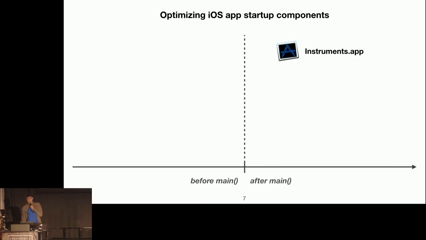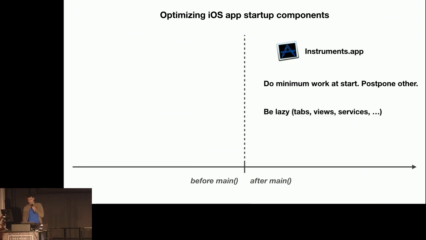In the era of after main function, we take the time profiler and do our best to just do minimum work at the start and postpone everything to the later days. So you should be lazy, do not create tabs on tab bar controller or something like that, or labels if you don't present any content. And do not even use background threads because you really want your CPU to be free for main thread execution. So that's basically the three main points of after main.